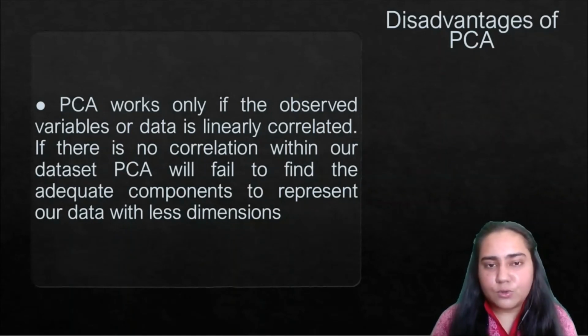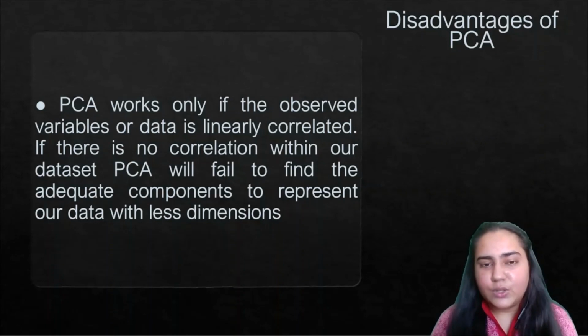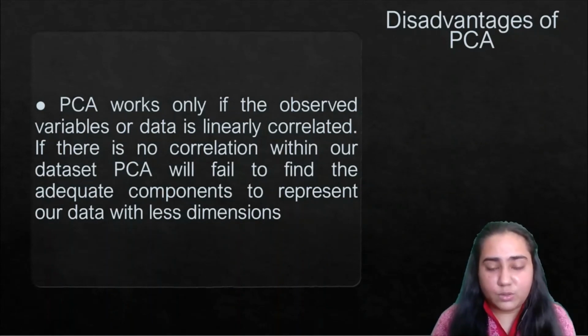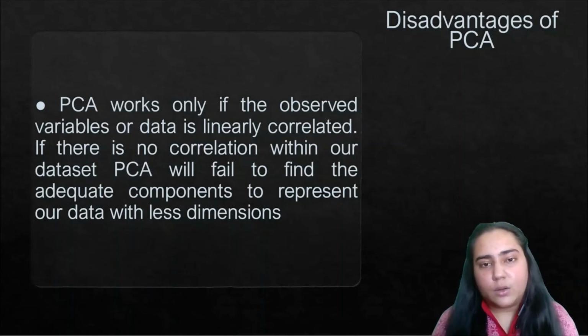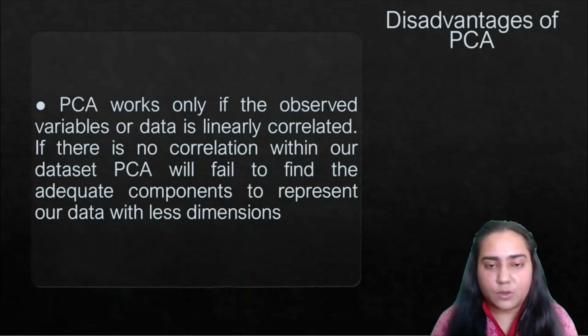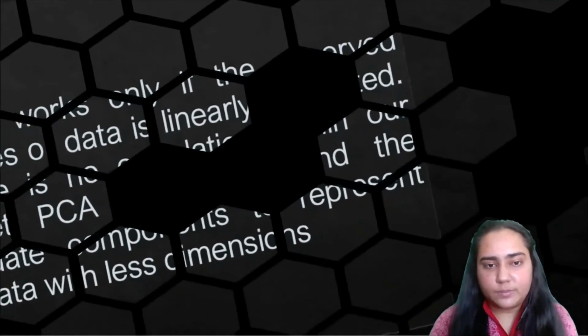That's why you can choose to remove one of them. If you have height and remove weight, you can predict the weight given the height with quite a lot of certainty. So that's why you can afford to remove the weight. But if there is no such linear correlation among the variables in your data set, then PCA will fail to reduce dimensionality.